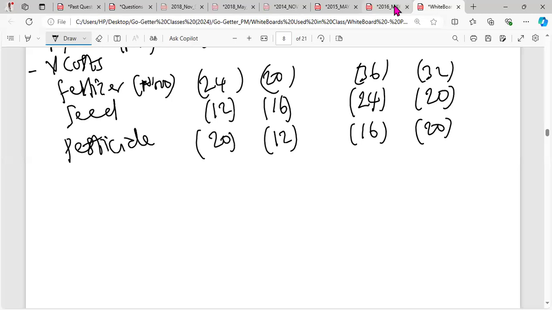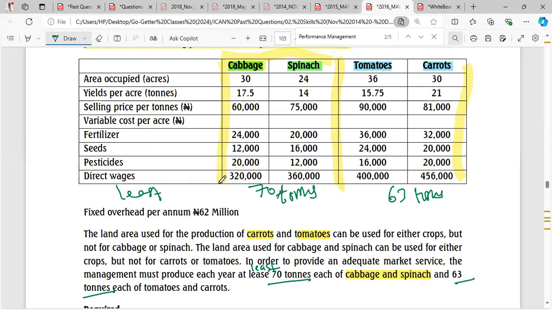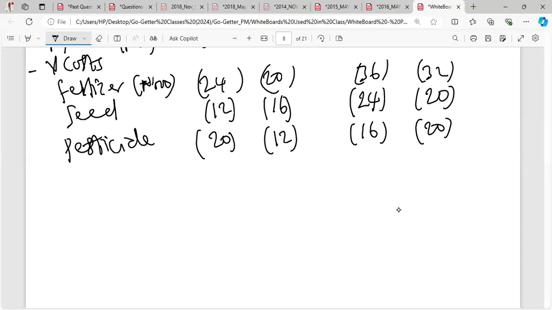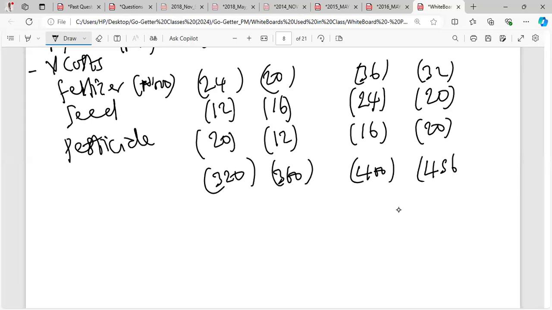Then the last one, direct wages: 320, 360, 400, 456. I remember 456 here, 400, 360, 320. So this is direct wages.